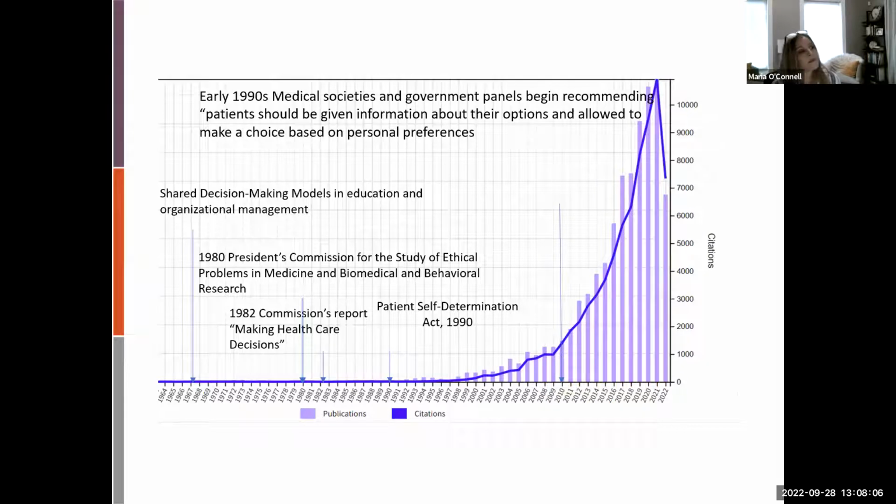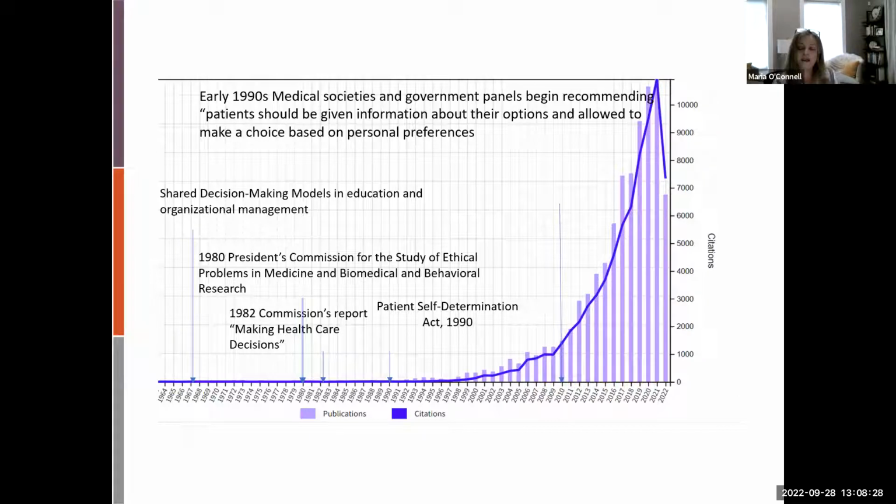The other thing that was happening in the early 1990s is that medical societies and government panels began recommending that patients be given more information about the options and allowed to make a choice based on their personal preferences. Also in the early 90s, we had the internet.